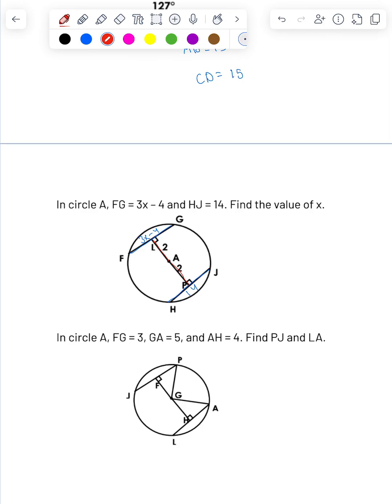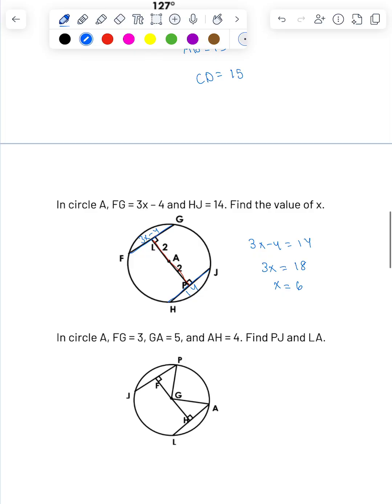So if 2 chords are equidistant, the same distance from the center, then that means that they're congruent to each other. So chord FG and HJ are congruent to each other. So once again, all I have to do is set the 2 chords equal to each other, and then I can just solve. And I found the value of x.